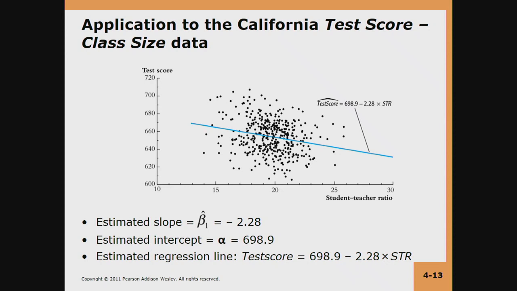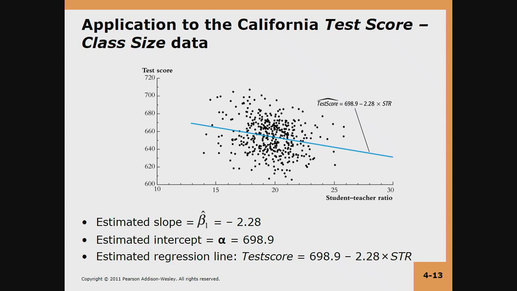698.9. So if there were 0 students in the class, we'd estimate that they would have a 700 test score. In this case, that makes no sense, but like I said, sometimes the data does go to 0 and below. In that case, it would make a lot of sense.